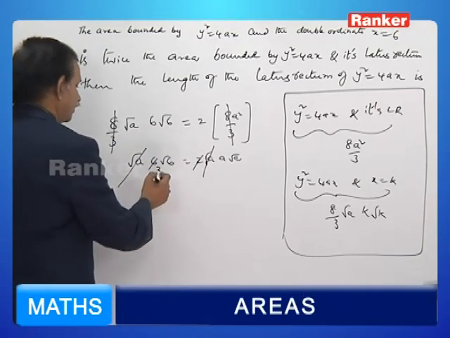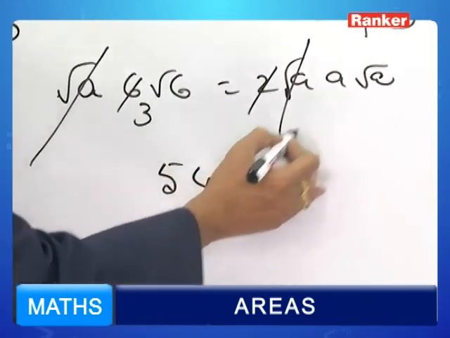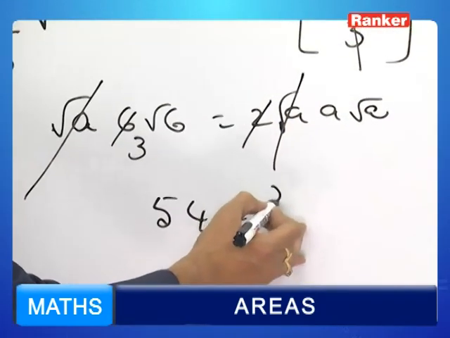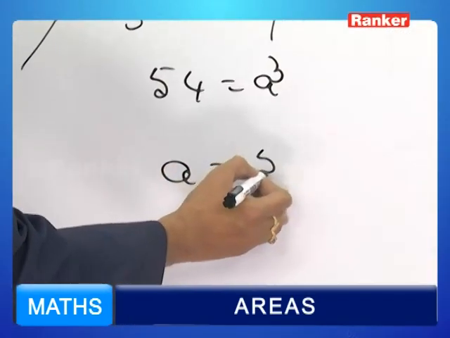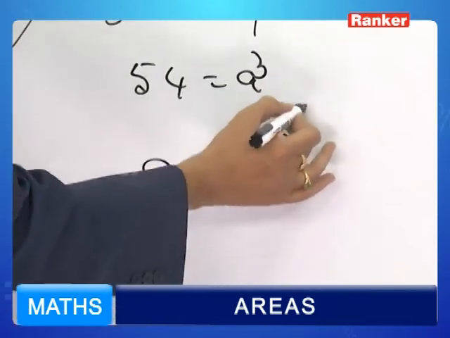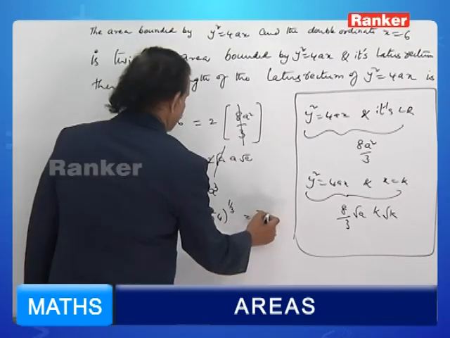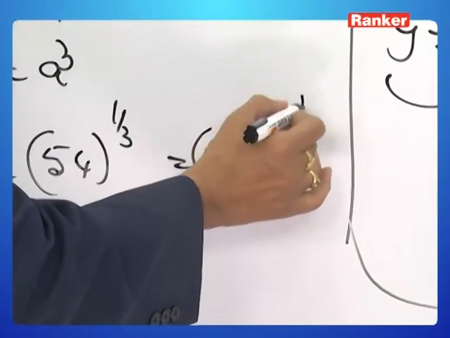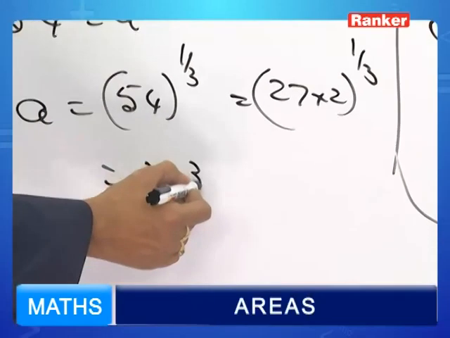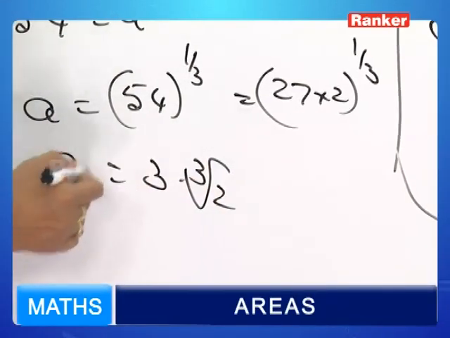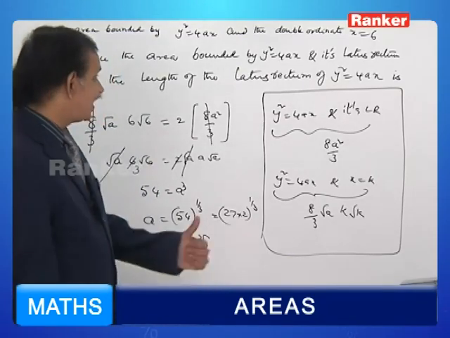Square it on both sides. 9 into 6 is 54. a square into a is a cube. Therefore, a is equal to 54 power 1 by 3, that is 27 into 2 power 1 by 3, that is 3 into cube root of 2. Well, my dear, this is a. But what is required here?